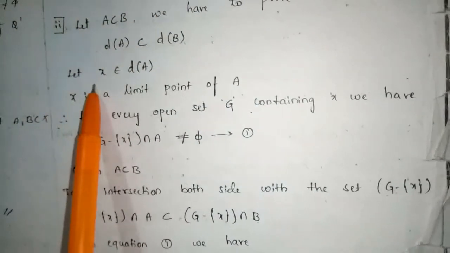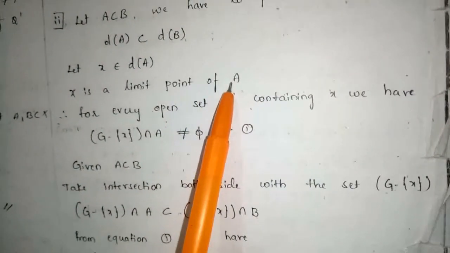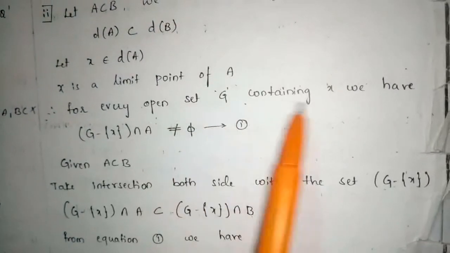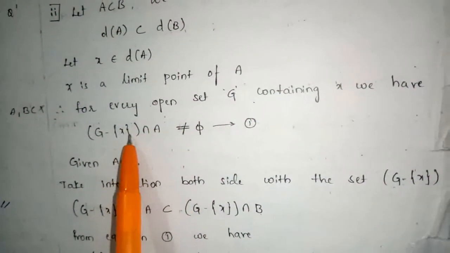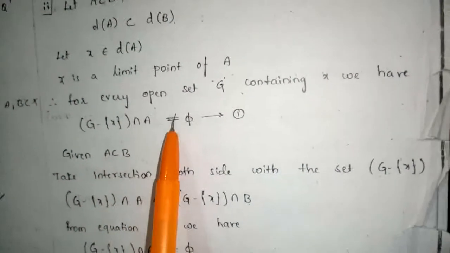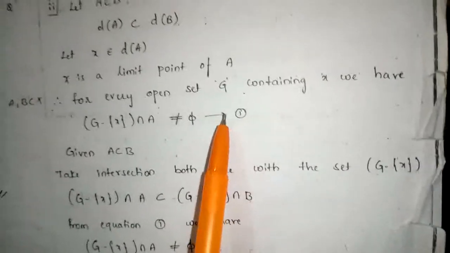First, I assume that x belongs to D of A. The derived set of A is nothing but the set of limit points. What is the meaning? x is a limit point of A. You know the definition of a limit point: for every open set G containing x, we have (G minus x) intersection A is not equal to φ. Take this as condition 1.